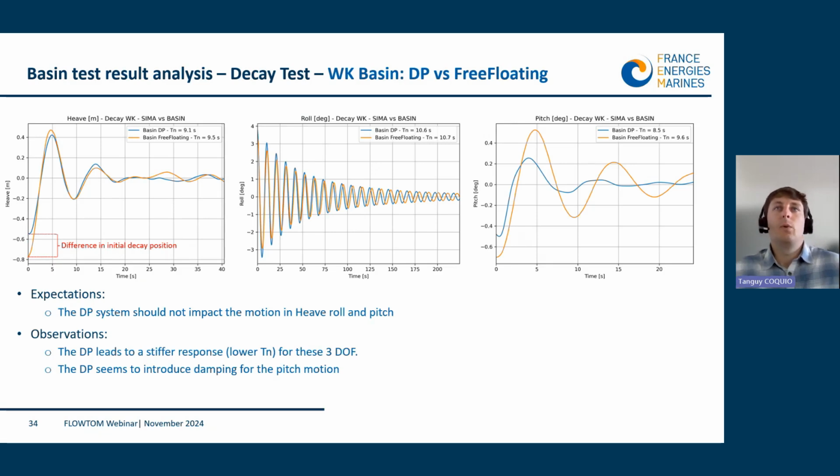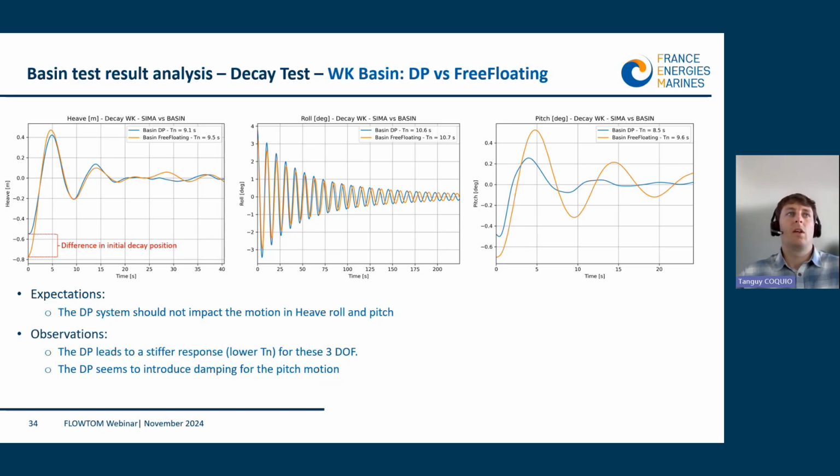So in this slide, we are only looking at basin test results, so there is no numerical output here, and we are comparing the vessel free floating versus the vessel with dynamic positioning, meaning with spring, just to look at the impact that this spring can have on the vessel.